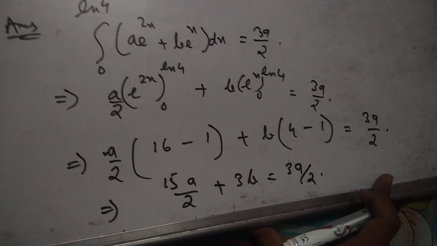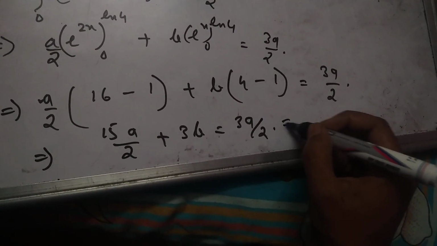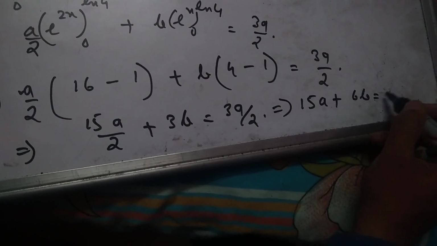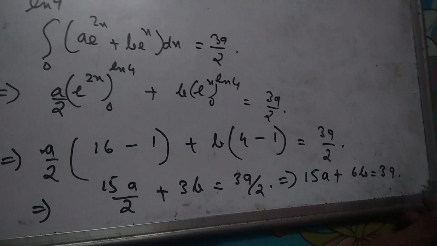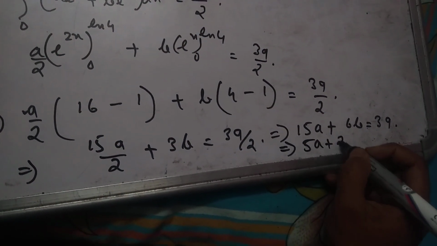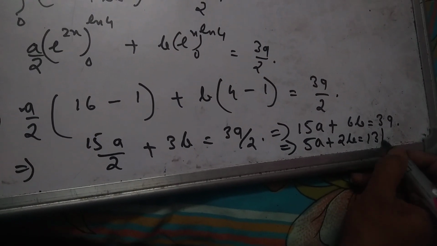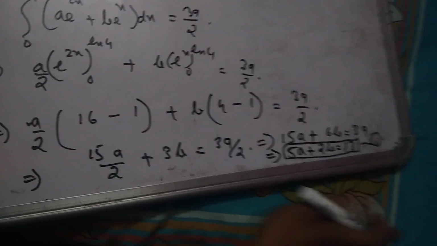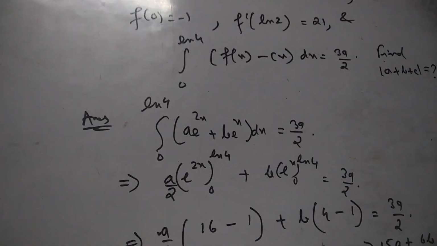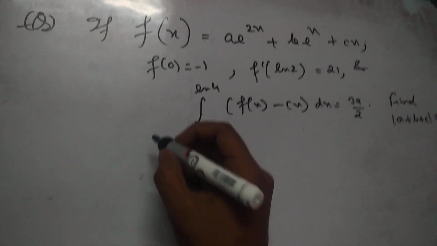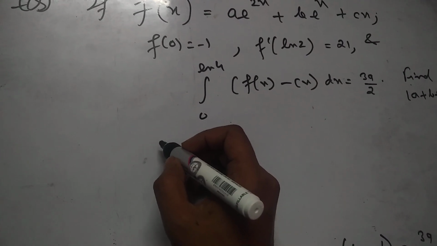Alright. Now just multiply it by 2. We get 15a plus 6b equal to 39. Which means that if we take 3 common, 5a plus 2b equal to 13. So this is one part of a and b. So now I'll rub these things over here, and f(0) is -1, right?